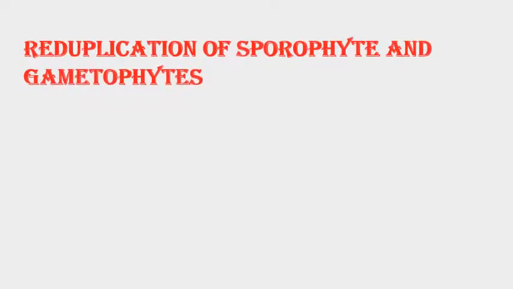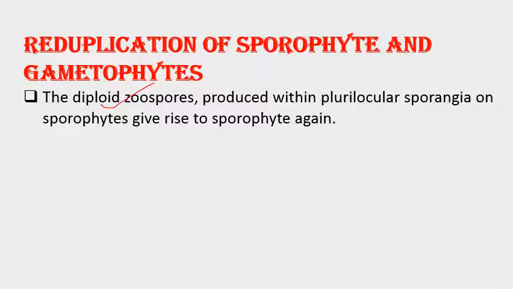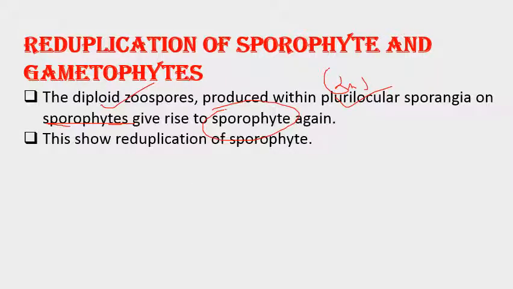Then lastly we will discuss reduplication of sporophytic and gametophytic generation. So the diploid zoospores produced by plurilocular sporangia give rise to sporophyte, and the plant formed is sporophyte, that is diploid, because the zoospores produced by this sporangia are diploid and they germinate directly without meiosis. So this helps in production of the sporophyte.